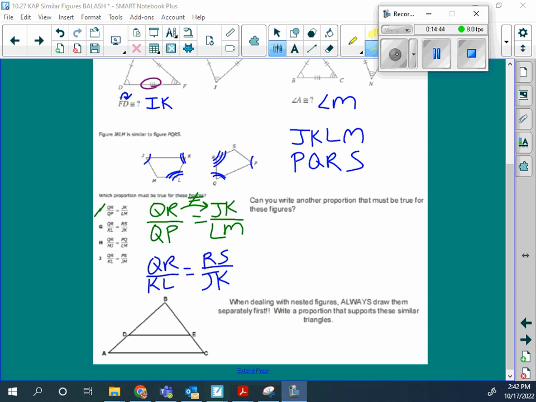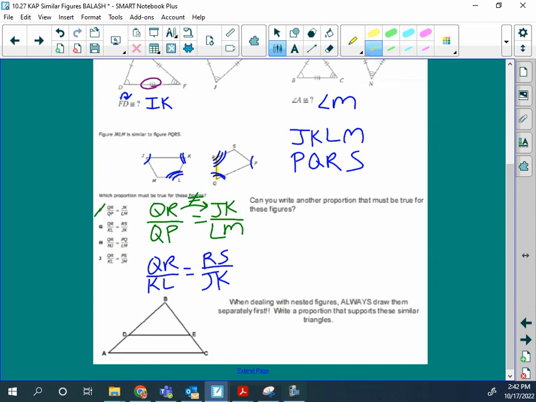Okay, so this time I've got QR, which is this one here, and then KL. So they went between the 2 shapes. And so first of all, are we good so far? Yes, because that is corresponding parts on different shapes, so you're okay so far.